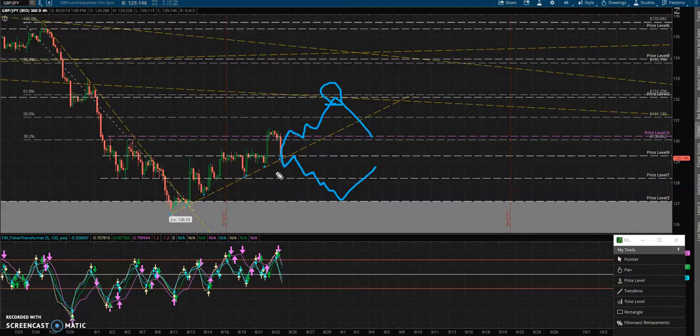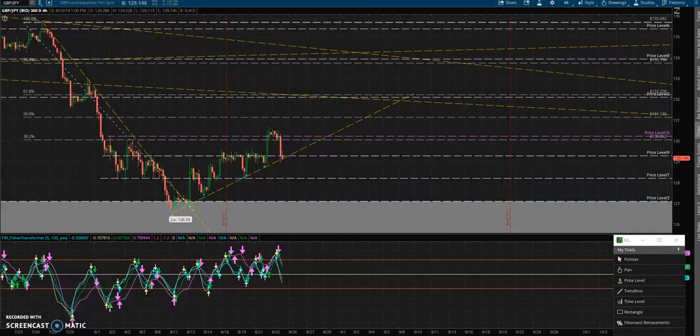Just wait for price to do what it's going to do and then react off of these levels that you have plotted on your chart. And also always remember to make sure there's change control, making sure that price isn't going to come and just break through. You can see how it's slowing down, making higher lows, and wanting to change its direction.